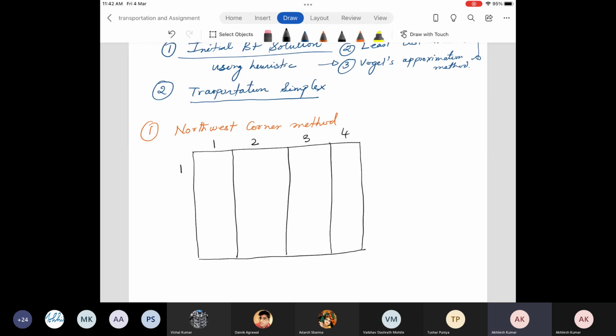And 3 sources, 1, 2, 3. Make a table first. Okay, write the supplies on this side. So we have supply 15, 25, and 10, and demands here 5, 15, 15, and 15. Then write all the unit costs at this corner.